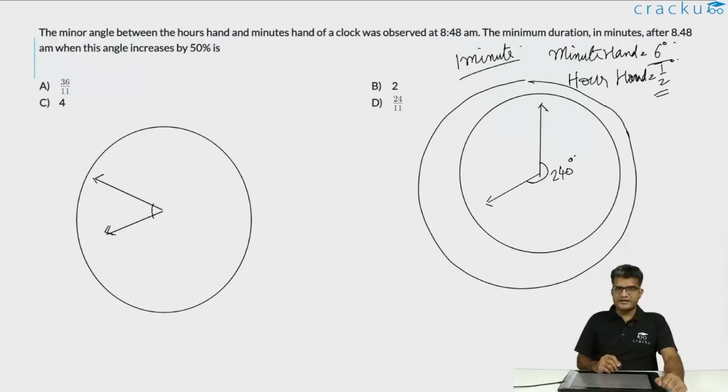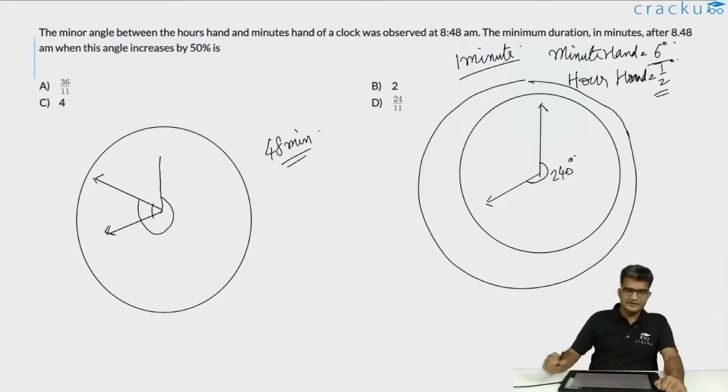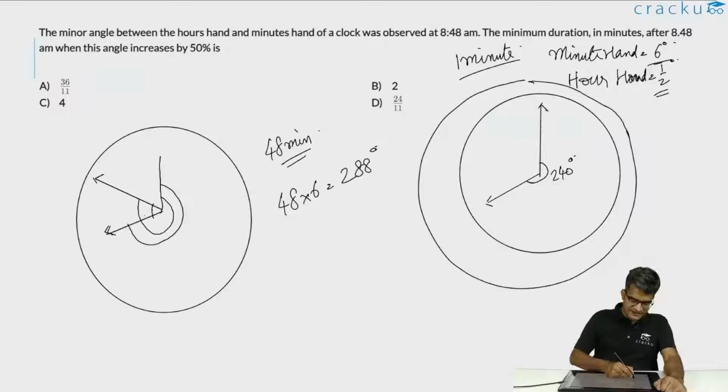At 8:48, that is 48 minutes after 8, what is the angle traversed by the minute hand? This angle. That angle will be 48 into 6, which is equal to 288 degrees. What is the angle traversed by the hour hand? This angle. Initially it was 240 degrees at 8 o'clock.